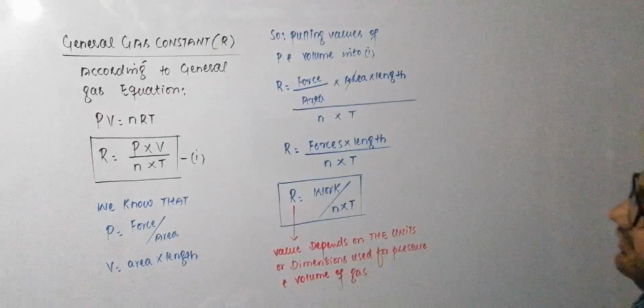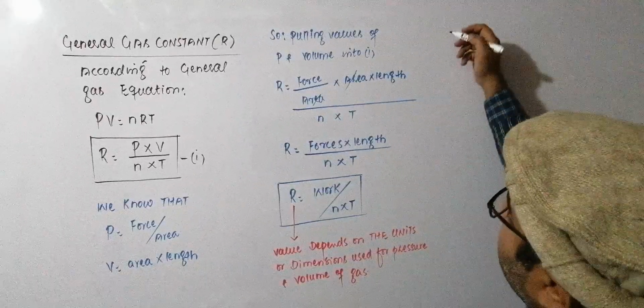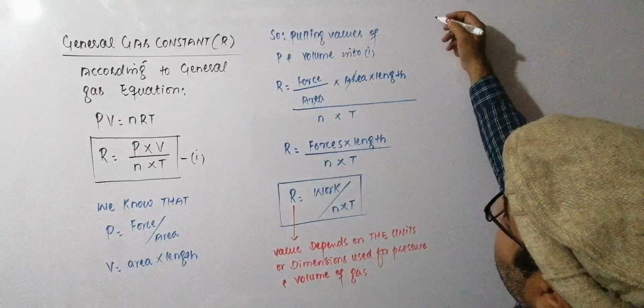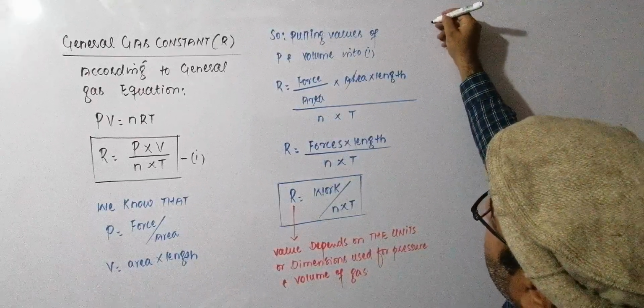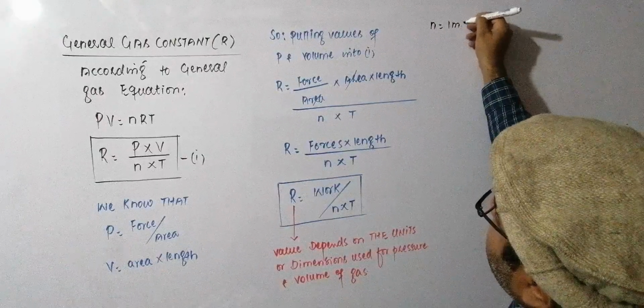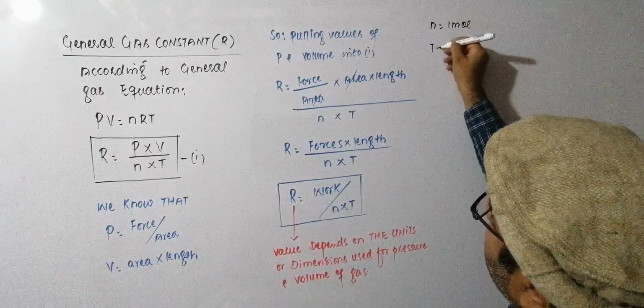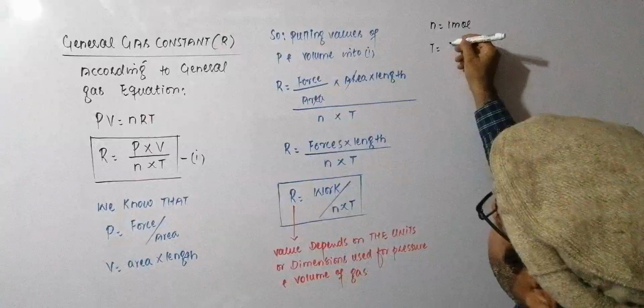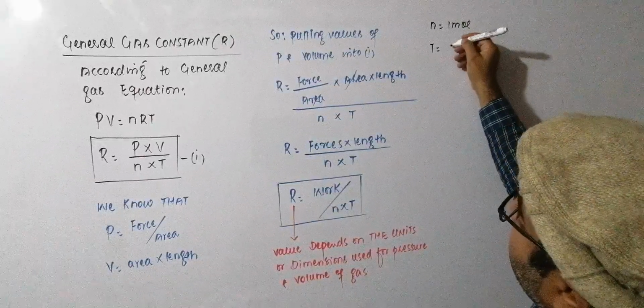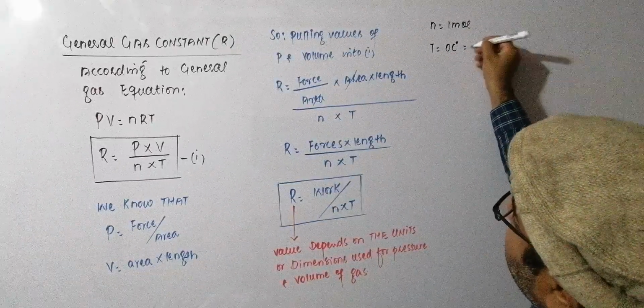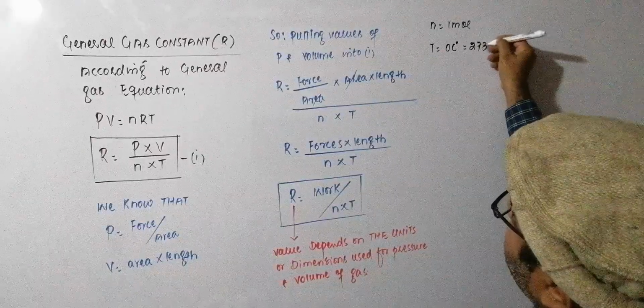Now let us find different values of the general gas constant. Suppose we have 1 mole of a gas at STP, standard temperature 0 degrees C or 273 Kelvin.